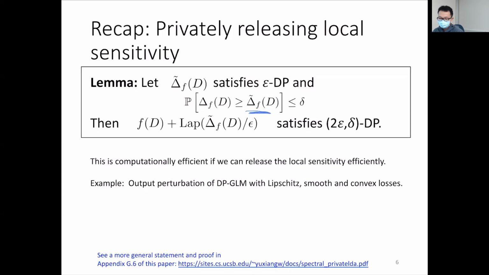So we've shown in the last lecture that this procedure that is slightly easier to use satisfies 2 epsilon delta differential privacy, right?